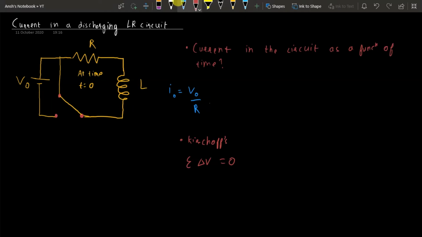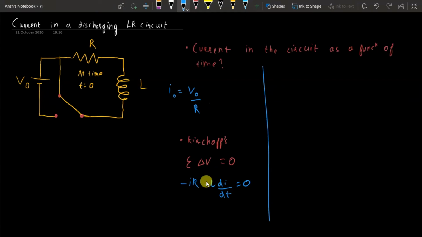For our circuit, it can be written as minus IR, the voltage drop across the resistor, minus L di by dt, the voltage drop across the inductor, is equal to 0. We have to solve this equation to find the current as a function of time.